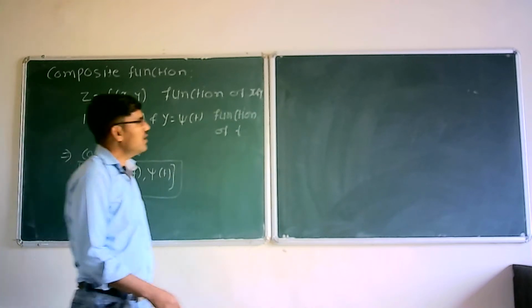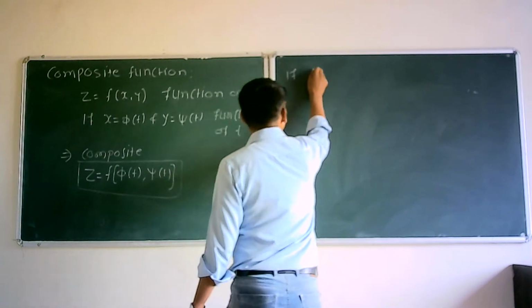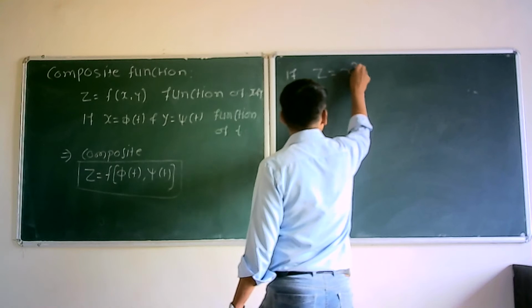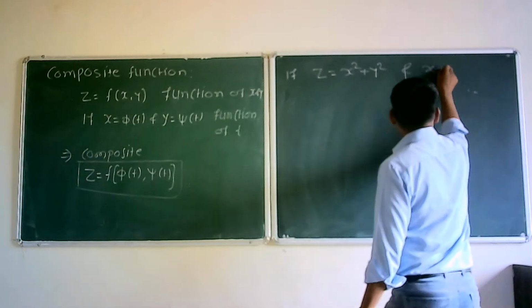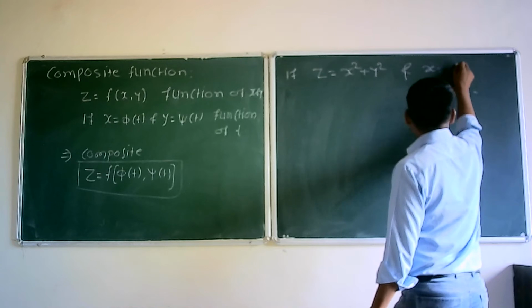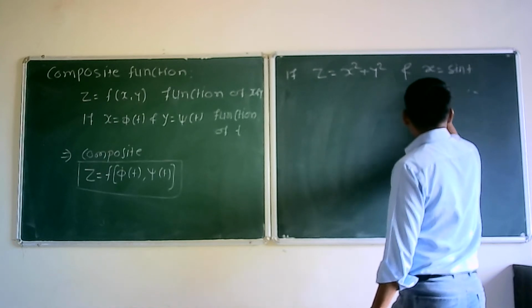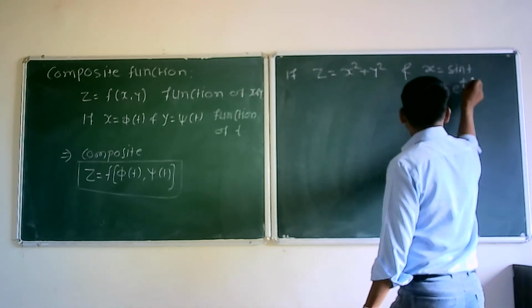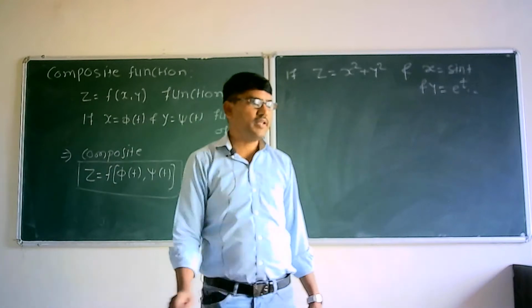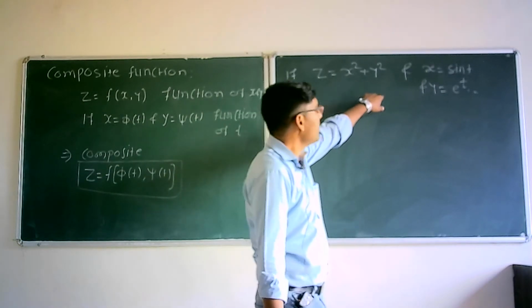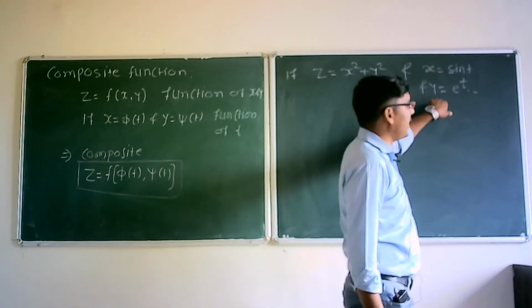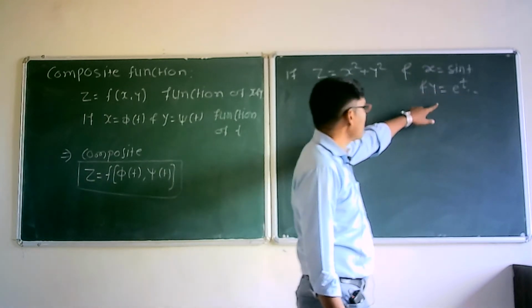For example, if z is equal to x square plus y square and x is equal to sin t and y is equal to e raised to t. Here you can observe z is a function of x and y, x is a function of t as sin t, and y is a function of t as e raised to t.